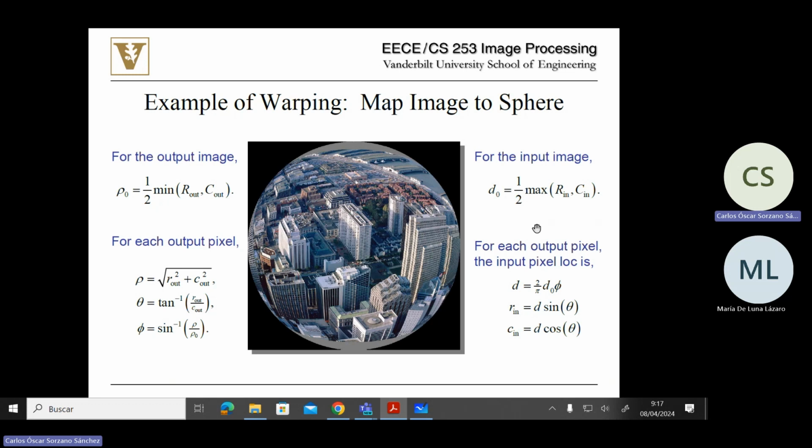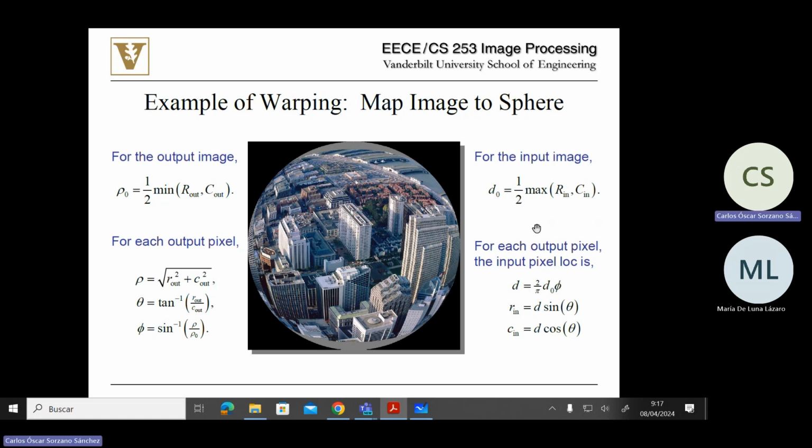So we will do the following calculations. You take the coordinates of the output point and you compute rho and theta. You see, this is just a polar transform. This rho and theta are just a polar transform of R out, C out, so this is the length and this is the angle.